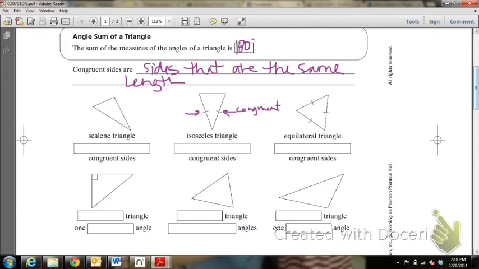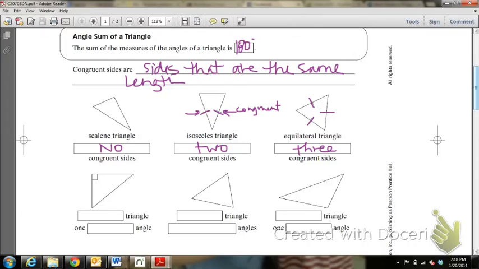When you see those little tick marks, it means that they're the same size. Well, in the first one here, scalene, nobody has a mark on it, so this means that there are no congruent sides. An isosceles triangle has 2 congruent sides, and an equilateral triangle has all 3 sides the same.